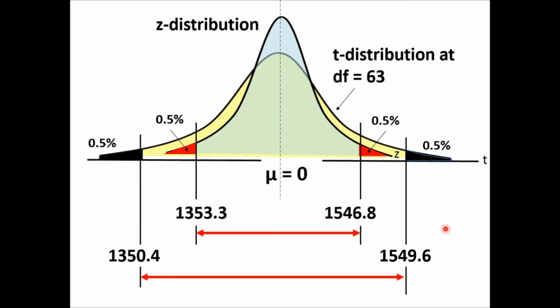Now you can ignore all of this and adhere to the criteria that the t distribution is typically used when sigma, the standard deviation of the population, is unknown, and the z distribution is typically used when the standard deviation of the population is known. This is the safest way in estimation.